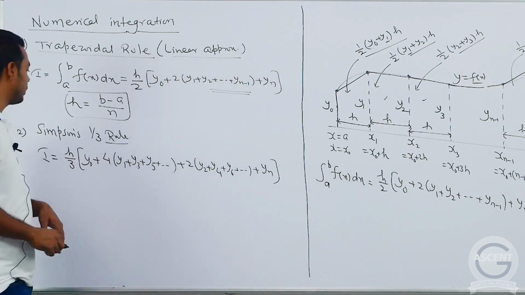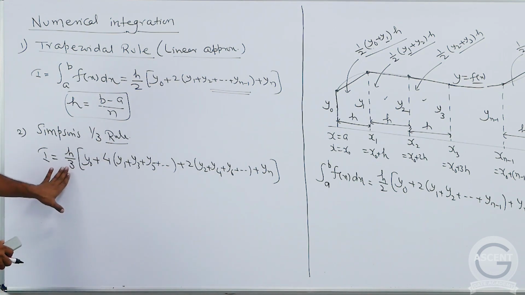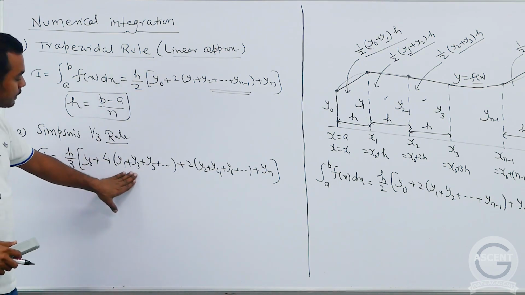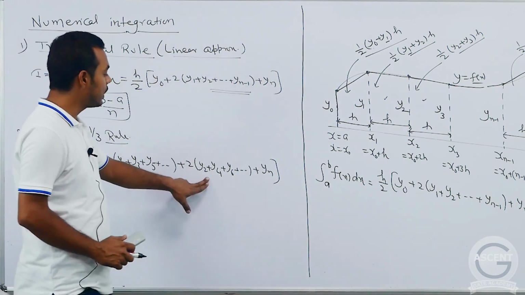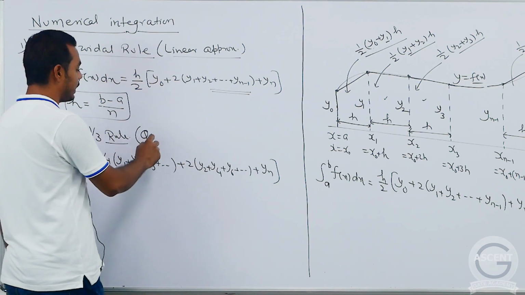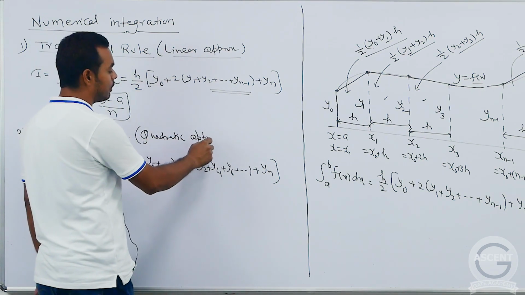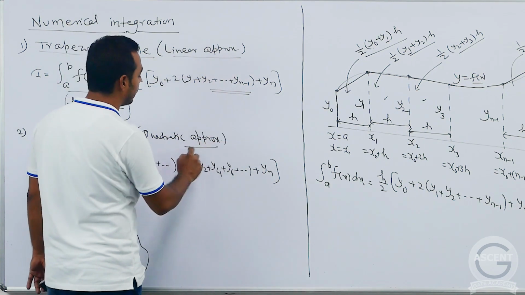So this will be the formula to evaluate the value of a definite integral using Simpson's 1/3 rule. Here we do quadratic approximation. Quadratic approximation means we take 3 points and join them by a second degree curve.